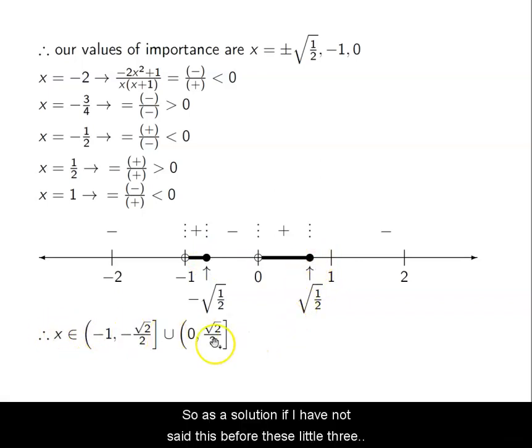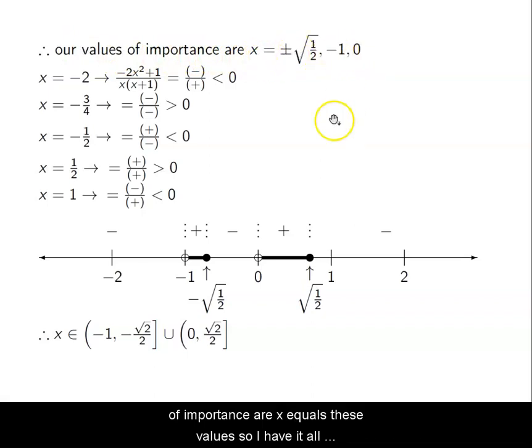So as a solution, okay, if I have not said this before, these little 3 dots, it means therefore, right? So here it was, therefore our values of importance are x equals these values. So I have it all plotted out on a number line. Therefore, my solution is x, any x value inside of the interval negative 1 to negative square root 2/2.